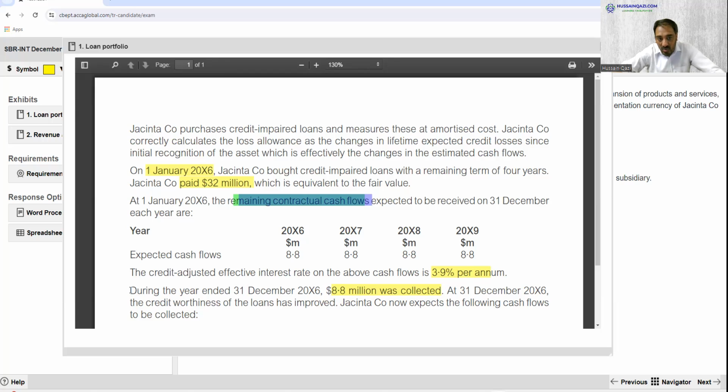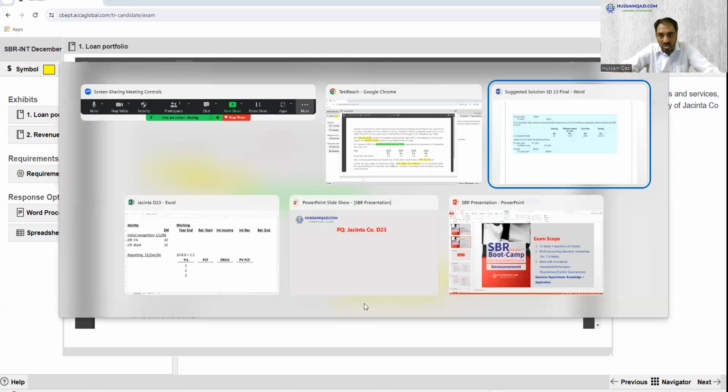And here it is mentioned that during the year end, 31st December, 8.8 million was collected. At 31st December, the creditworthiness of the loans has improved. We will cover this improvement as well. But first of all, we need to cover the accounting according to the cash flows actually received, 8.8 million.